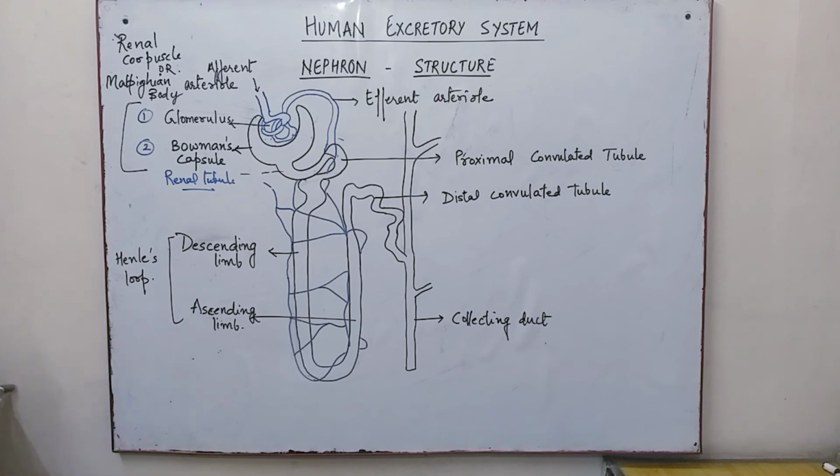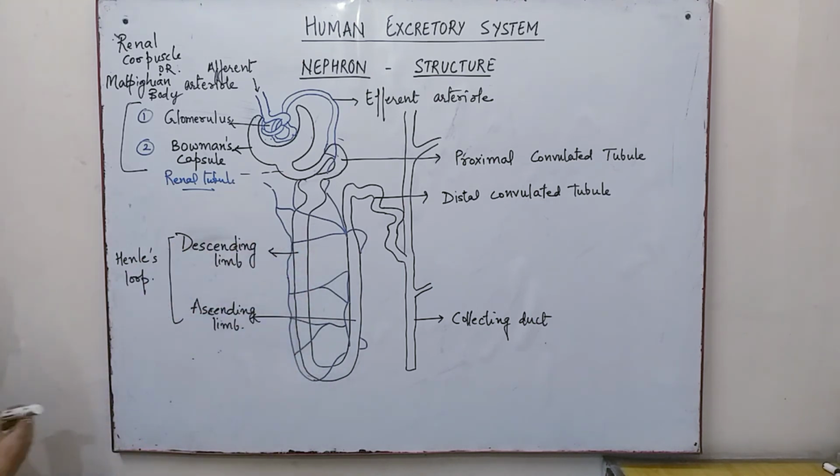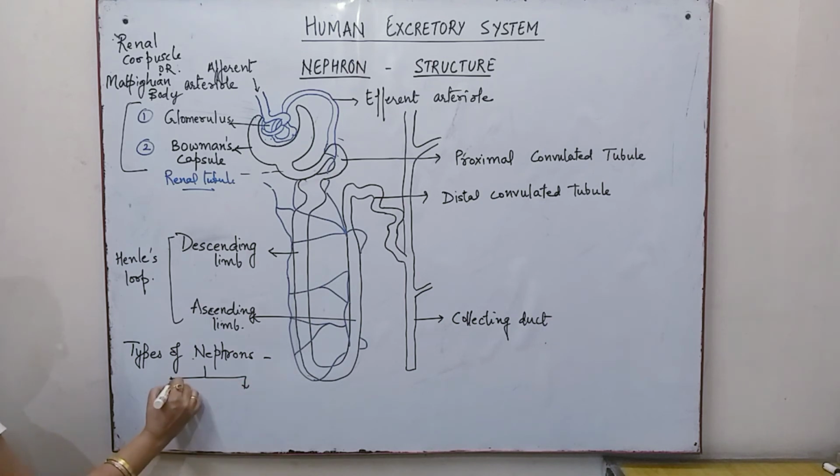As I have told you over here, the Henle's loop enters into the medullary region. Now when we talk of the types of nephrons, these nephrons are of two types. The first is the cortical nephrons.